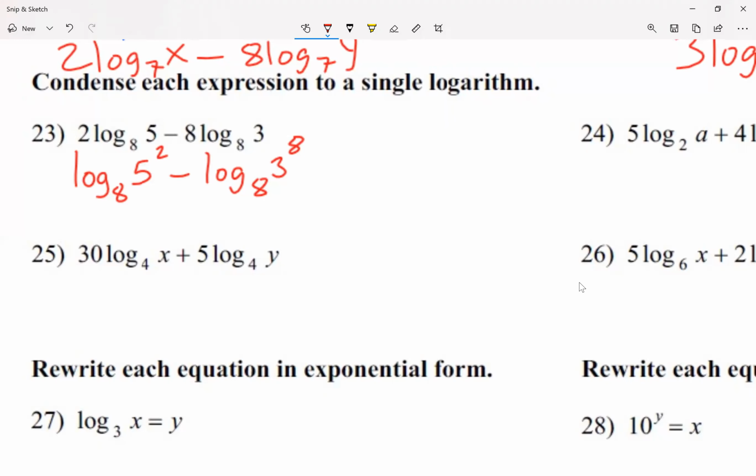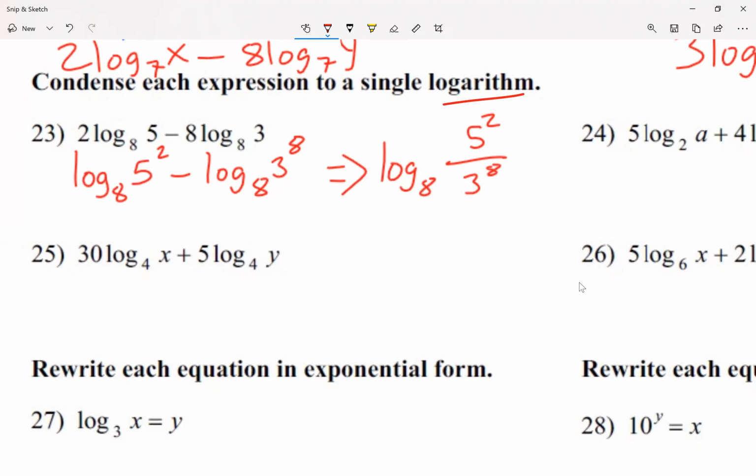Okay, so notice how I brought the number as an exponent. I brought it up. And I'm going to condense it into log base 8 of 5 to the 2nd over 3 to the 8th. See how I just did it into one log? But because it was minus, remember minus is division.